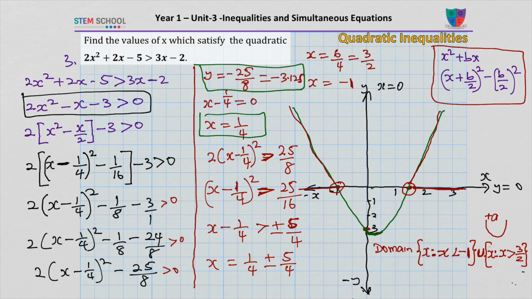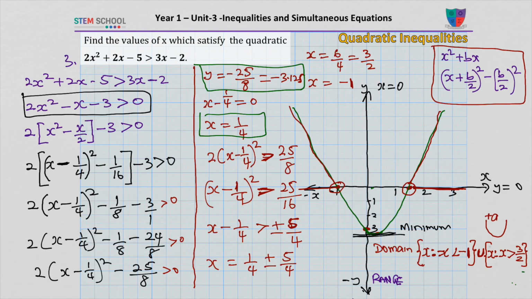For you to write the range, let's do the range. We are writing from the minimum, and the minimum here is this line here. The y value at the turning point is the minimum, and the value of that is minus 25/8.